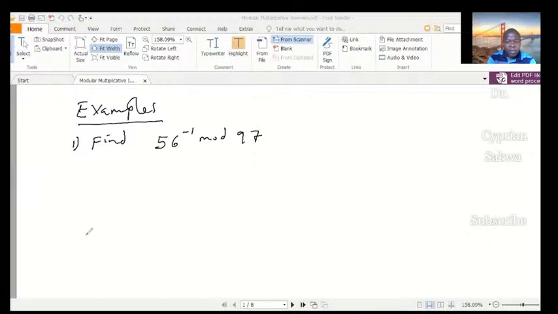You look at our conditions earlier. And for the Euler theorem, you must check that they are both positive and that they are relatively prime. So let's use the extended Euclidean algorithm.